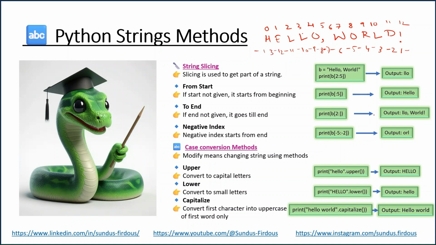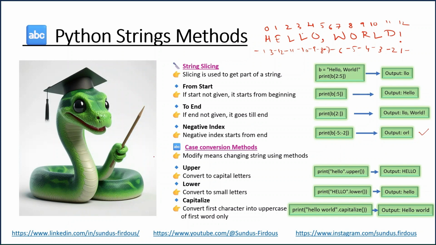Now what I need to do is start with -5 and go till -2. So -5 is here, and it will start from O. So O, R, L. D will be discarded, as -2 is discarded here. So it will only take O, R, L, and here is the output I will get.